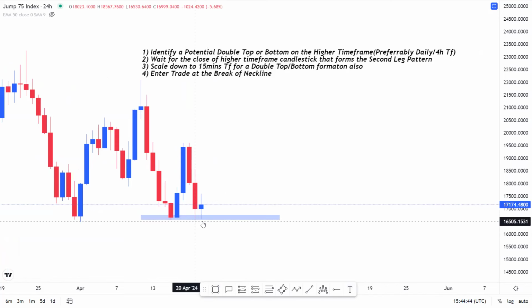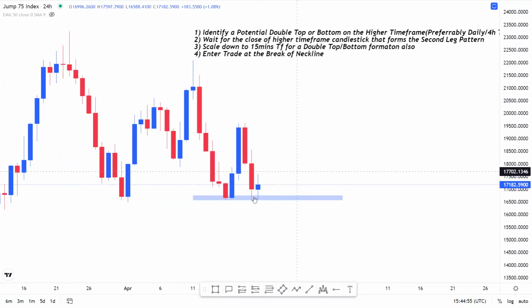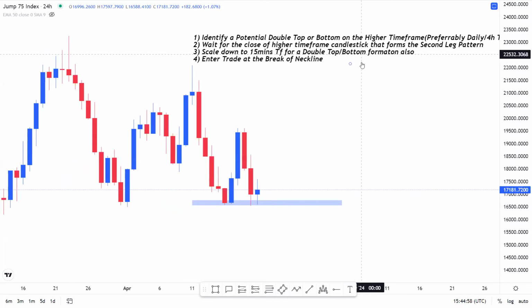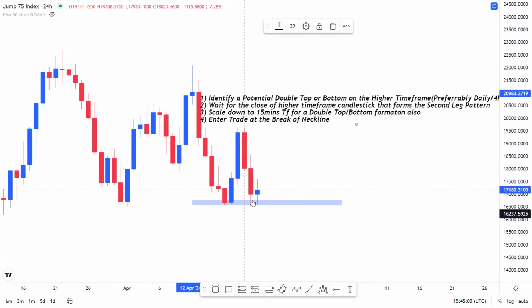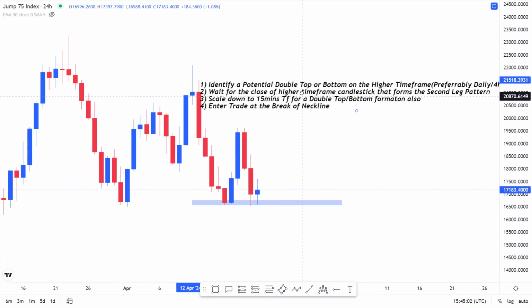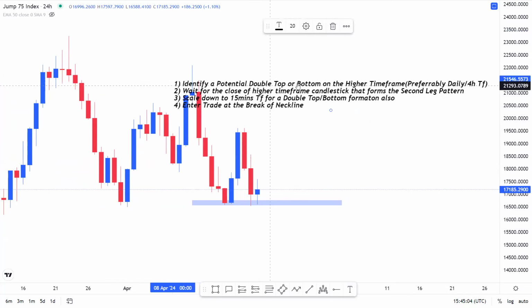That's what confirms the likelihood of the level holding. That's what confirms the potency of the level, the rejection from the support level, where we have the second leg of a double bottom pattern. So we have clearly identified the double bottom pattern, which I had seen from the daily time frame.